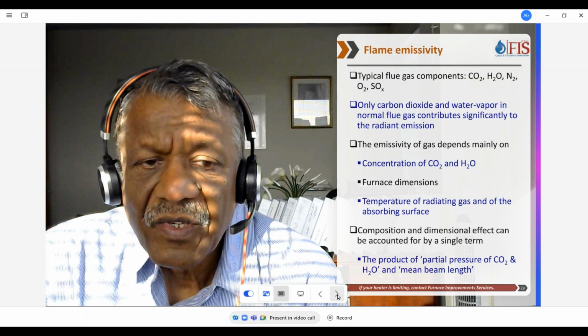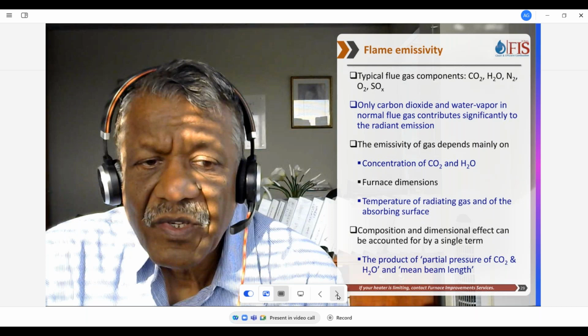So we do this, and then we come out with how we do it. What is the mean beam length? To simplify it, all I'm saying is the bigger your radiant section, the bigger will be your mean beam length.